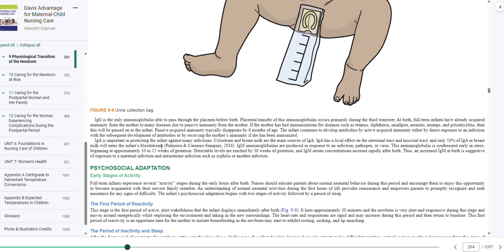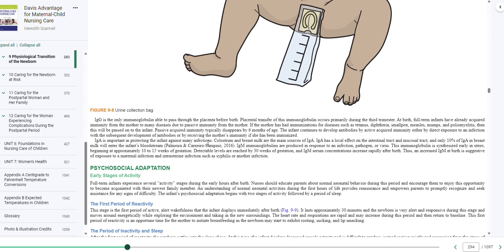This is important in protecting the baby against any infections of their own, okay? So colostrum and breast milk, this is why we call that colostrum liquid gold, because it has all of those antibodies and all of that immunoglobulin in there to protect them, okay?